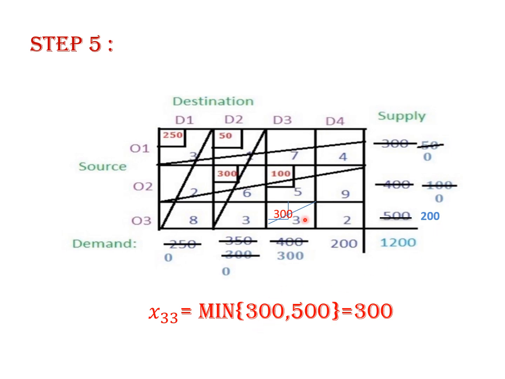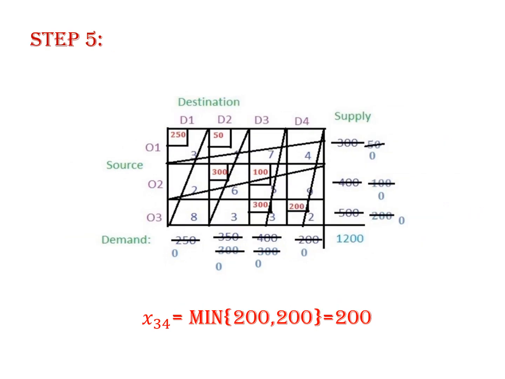The minimum value is in the column, so we cross the third column. Next, the last cell, x34. x34 is equal to the minimum of S3, D4. Both values are the same, 200, 200. So the x34 value is 200, placed in this cell x34.